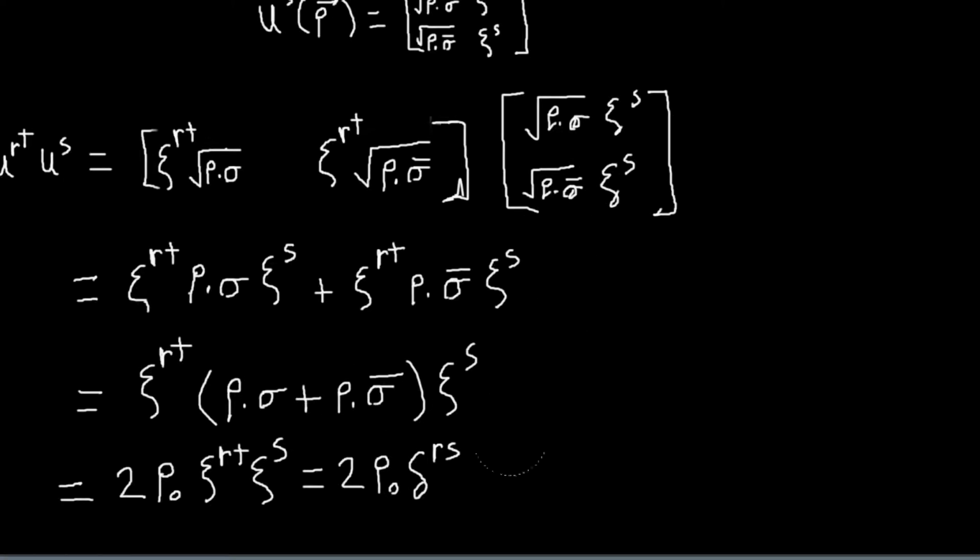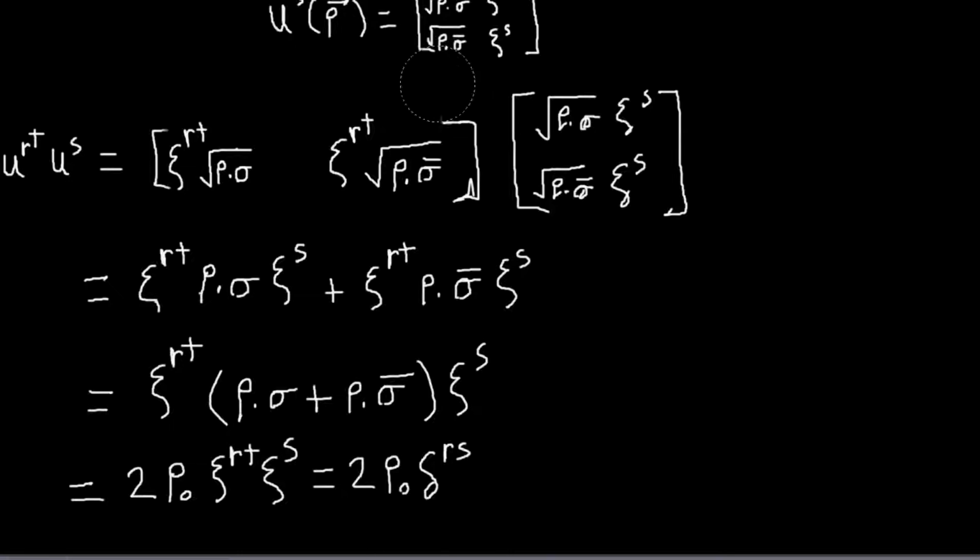I guess I should go through. So this, I just multiply, I get this, and I can factor out this to the left and this to the right.